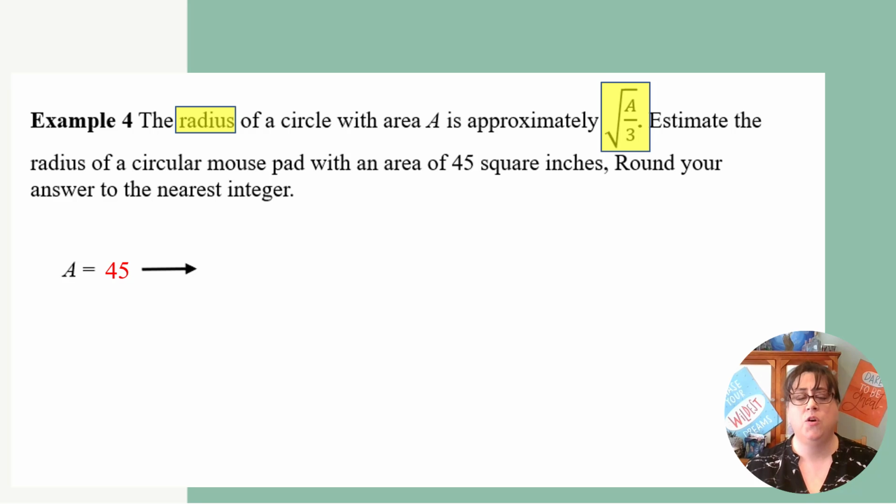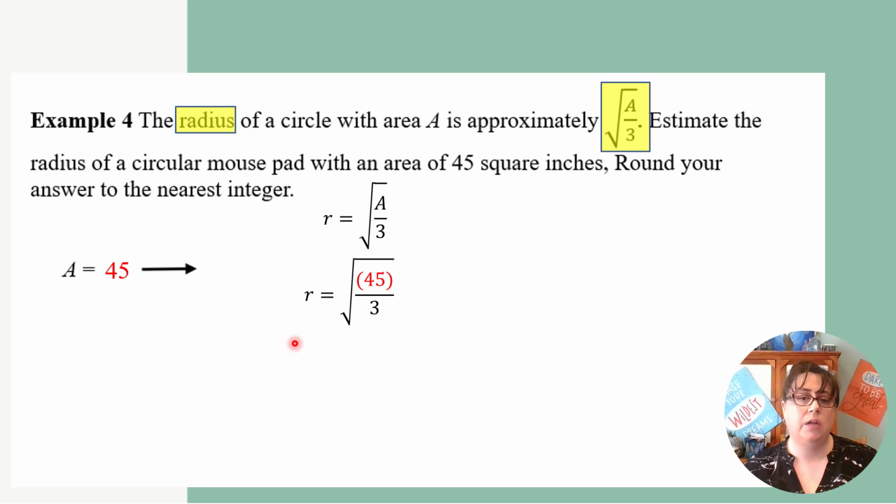And then they told us that the radius was equal to the square root of A divided by 3. And so we're actually going to write that down. We're not going to keep it up in our head. And now we can take this and substitute it in. And so now we have r is equal to the square root of 45 over 3.